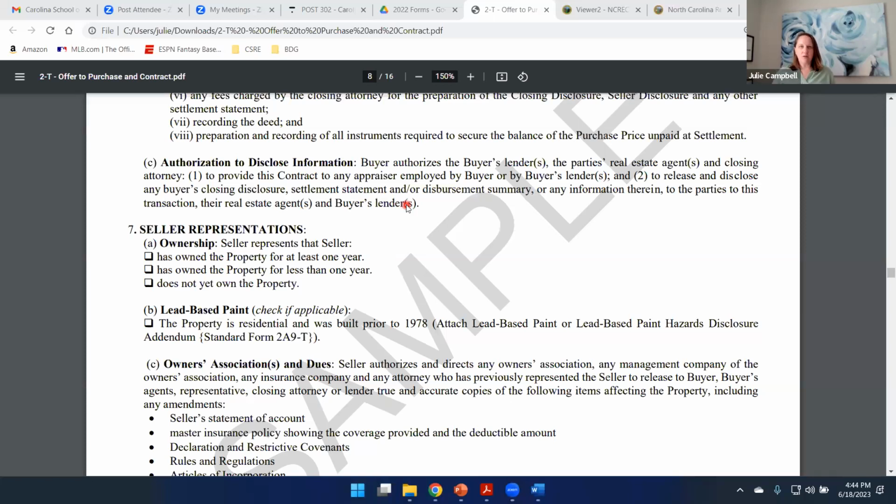I used to work with a lady and I loved it. She took an offer to purchase and contract and color coded it. So she had like one color for the seller, one color for the buyer. She had a green highlighter anytime she talked about money. So she color coded the offer to purchase and contract, and then made copies of it. So every time she met with a buyer or seller, she could say, buyer, you're blue.